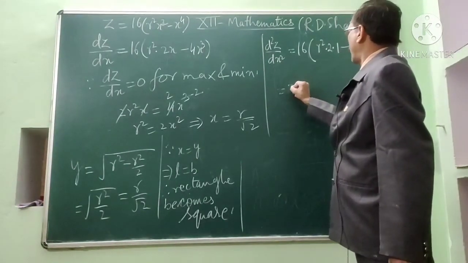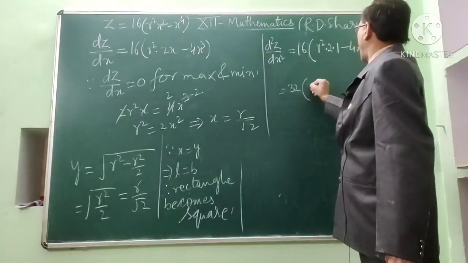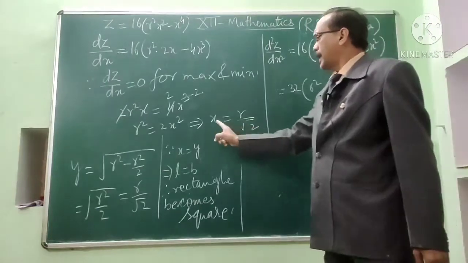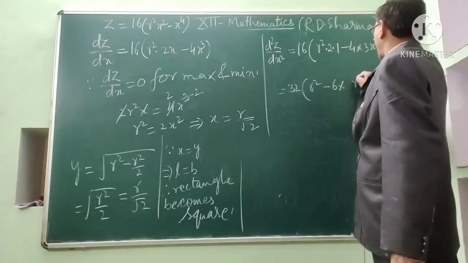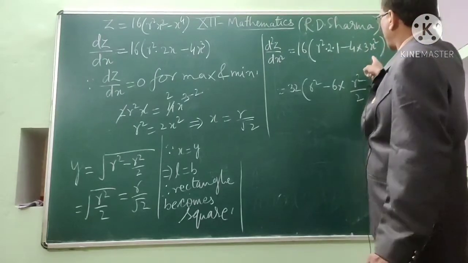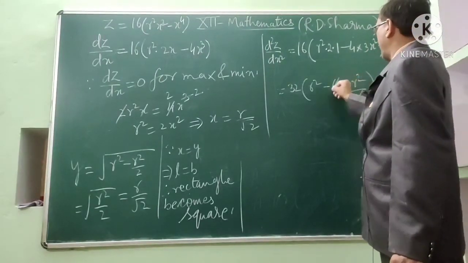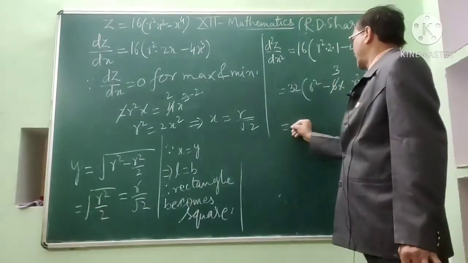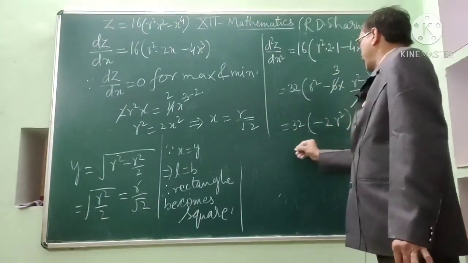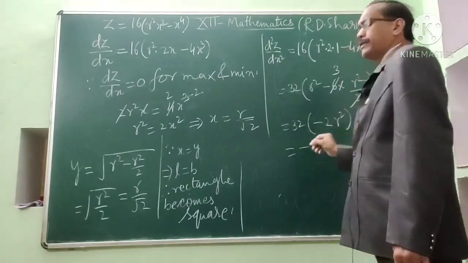Here 2 comma, so it is 32 r square minus 6 into x square, where x square is r square upon 2. It is 2 threes are 6. 32 minus 2r square. It is negative.